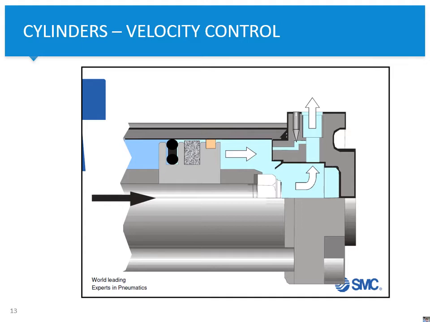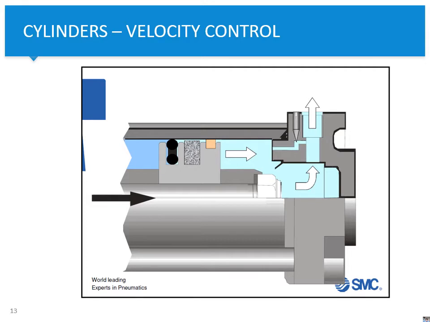In this case, an air cushion is used to absorb the kinetic energy, and you can see it over here. And now, in the retracting stroke, you can see the air flowing out through this large port over here.